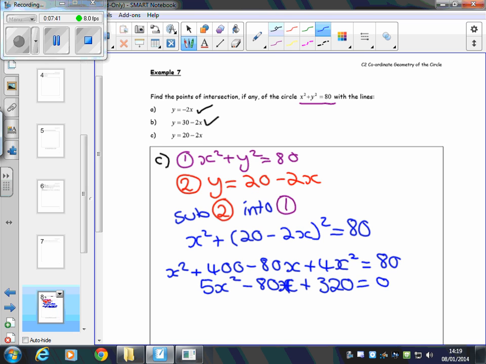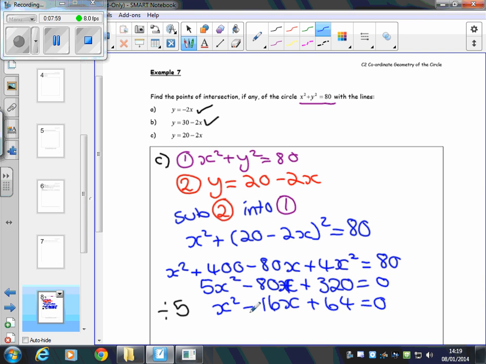Now again, each one of these can divide by 5. So that's what I'm going to do, divide the whole thing through by 5. And that'll give me x squared minus 16x plus 64 equals 0.